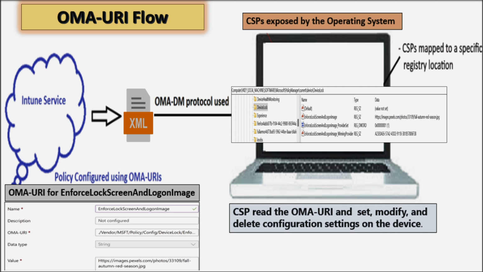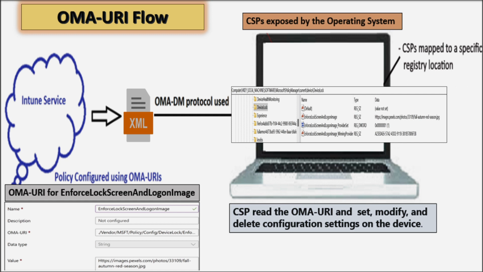Now the policy is stored in Intune services, and the OMA-URI protocol is used to deliver the OMA-URI to the Windows client machine, utilizing a predefined standard that employs XML-based SyncML to push the information to the client.